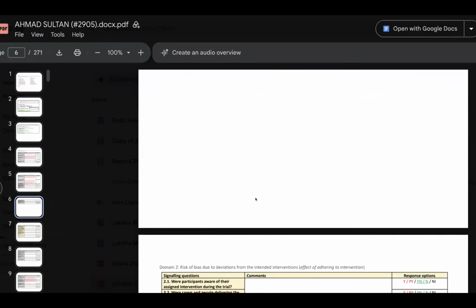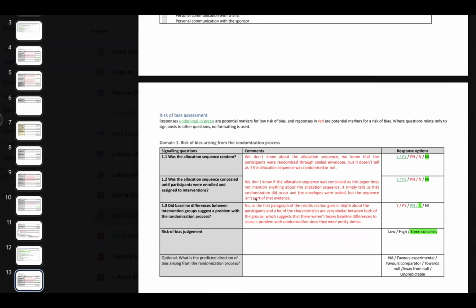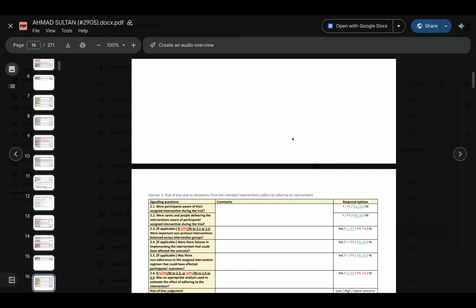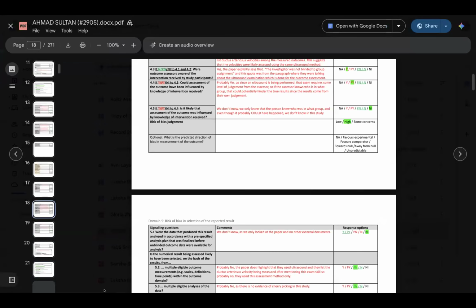And was this the ductal arteriosus velocity? I think those were the 4 hours, the one that starts on like page 11 or 12 or something. For this one, I would agree, except I believe in the paper it said that there was an inability to obtain accurate ductal velocities on each subject at each time interval.